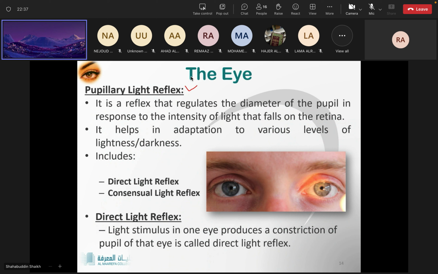Second thing to remember is this capillary network is covered with a black colored pigment so that there is no reflection of light occurring inside the eye. It is called melanin, so melanin pigment is covering the choroid plexus.